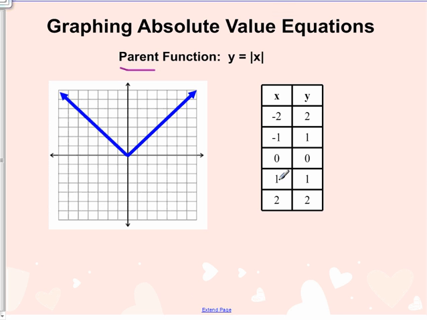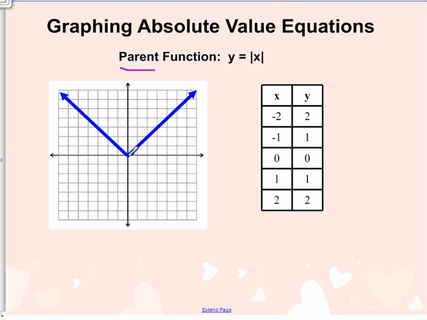All right, now there's something called a parent function. That means that when the equation does not have any added plus twos, minus threes, that type of thing, inside or outside of the absolute value, this is what the original one would look like.